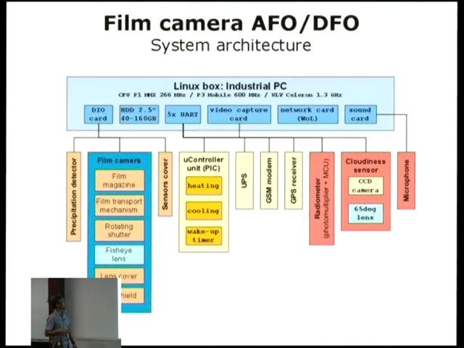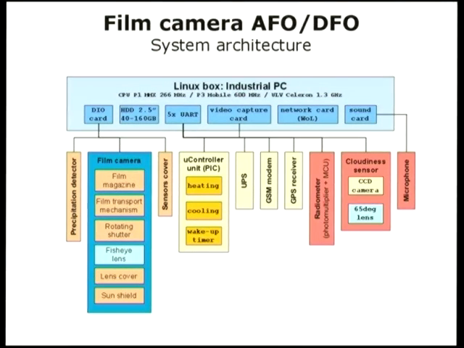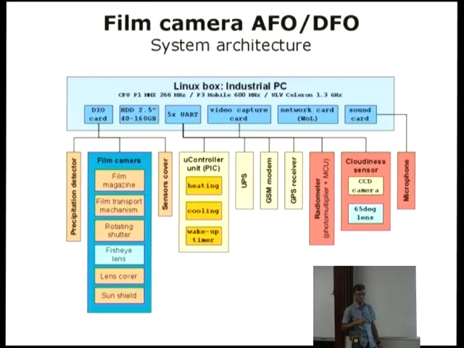So here we go. It's pretty close to an industrial robot or that sort of device. It's controlled by an industrial PC. Please mind that it's designed from about 2000, 2001.